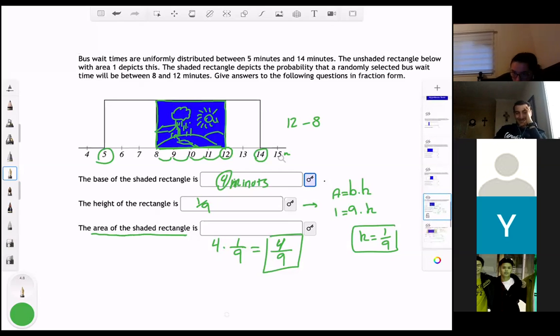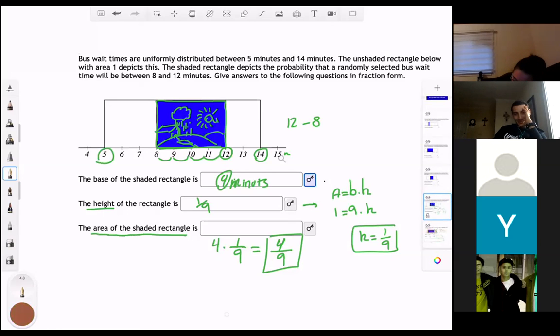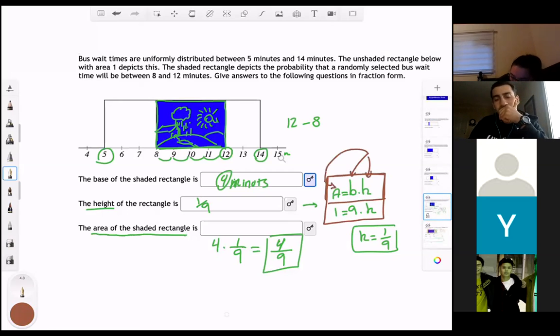Can you go over how you got 9 again, or where the 1/9 came from? From this, the height. So in order to solve for the height, the formula that has height in it is base times height equal to area. They said area is 1.